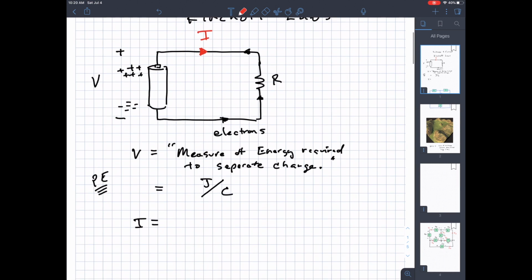Okay, so current is a measure of charge flow. So charge per unit time, coulombs per second.